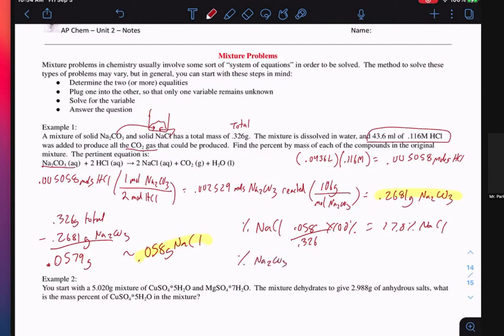And your sodium carbonate, we already had that mass, 82.2, which makes sense.